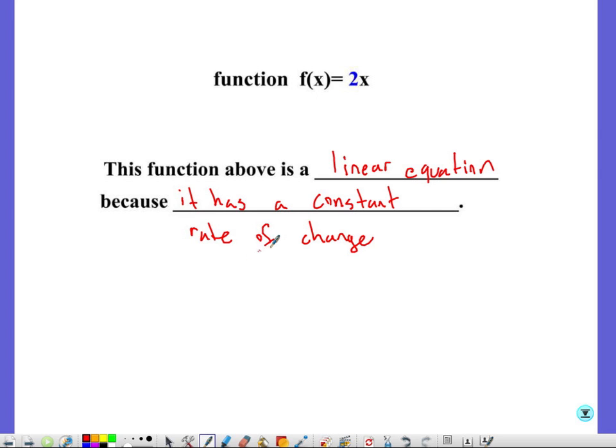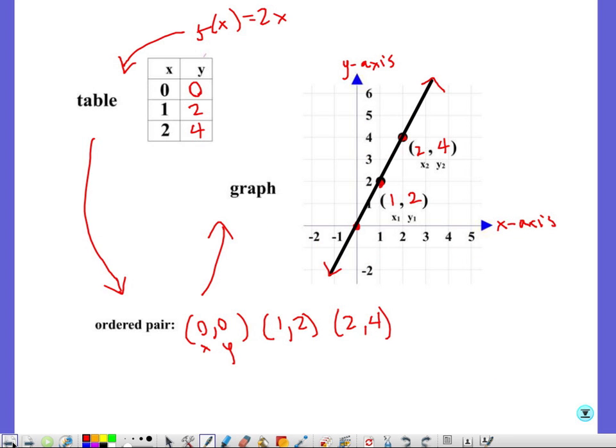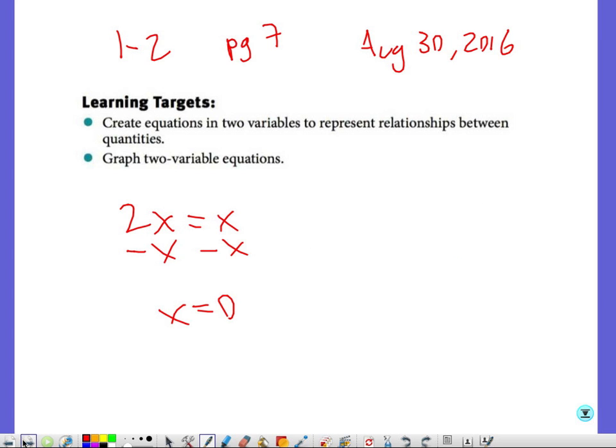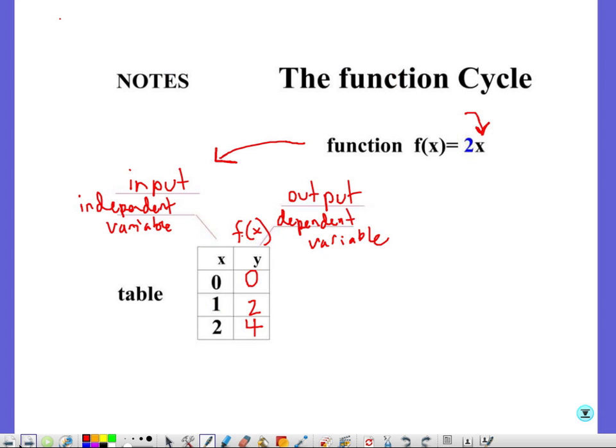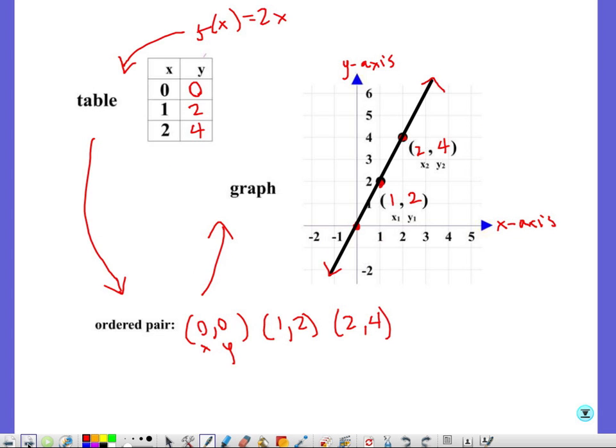So all linear functions have a constant rate of change. So that completes our function cycle. The function cycle is going to be something that we're definitely going to look at throughout this lesson, and also throughout this semester. So these are important notes to have.